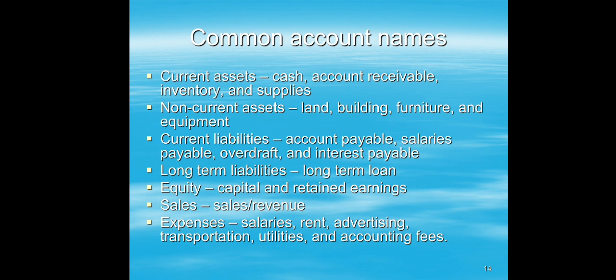Okay, equity. Equity is related to, like I said earlier, 4 accounts. The first one is capital. Capital is the amount contributed by the owner of the business into the business. Let's say you started a laundry business, you put $30,000 cash into the business from your own pocket. You take your personal cash savings, $30,000, and start the business.